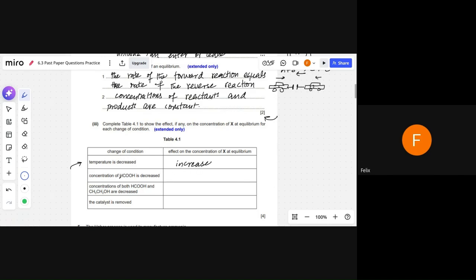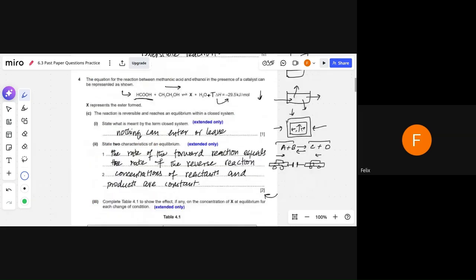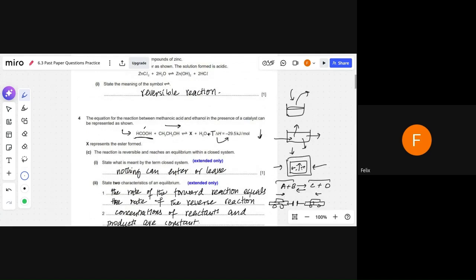Now, the concentration of HCOOH is decreased. We are decreasing a concentration, but we need to see on which side this compound is. It's here, so it's a reactant, and we are decreasing the concentration of this reactant.